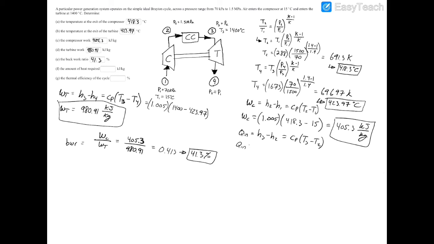So we're going to have Qn is equal to 1.005, the specific heat of air, times T3, which we have as 1400 Celsius, minus T2, which we calculated as 418.3 Celsius. And plug this into your calculator, and you'll have that Qn is equal to 986.61 kilojoules per kilogram.